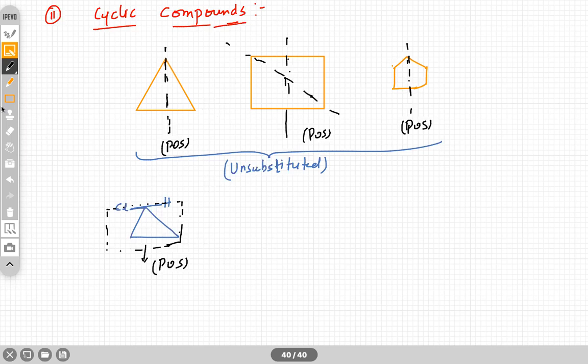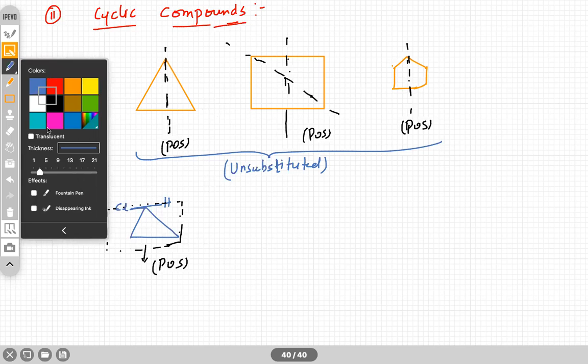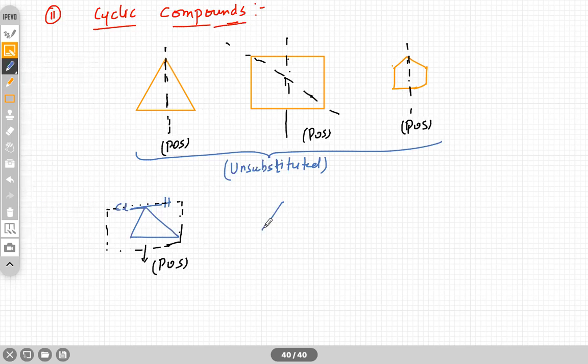Disubstituted, you see. This is the one we have, right? So in this one and in this one, you see. And we'll talk about this one.